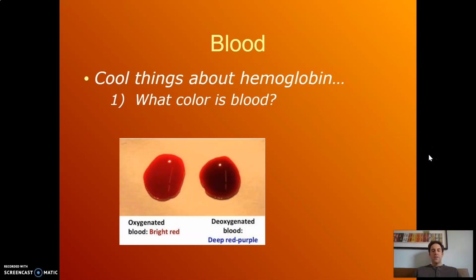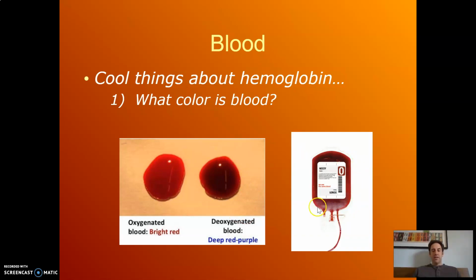But it turns out that the color depends on whether oxygen is attached to hemoglobin or not. If oxygen is attached, then you get that bright red color that we're all familiar with. If it's not, it's more of a kind of a maroon or kind of a dull red. If you've ever donated blood, you may notice that the blood is kind of a darker brick red color.